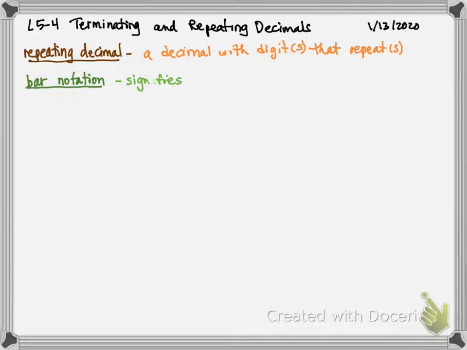That looks better. Signifies that a digit or a set of digits repeat. I should say set of digits in a decimal. Yeah, you can't do it with a fraction or a whole number.